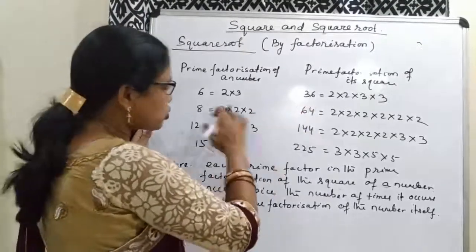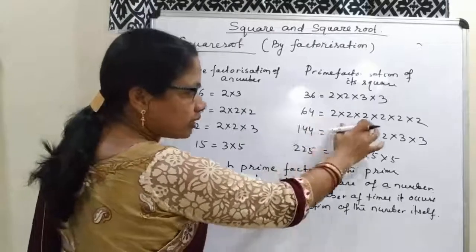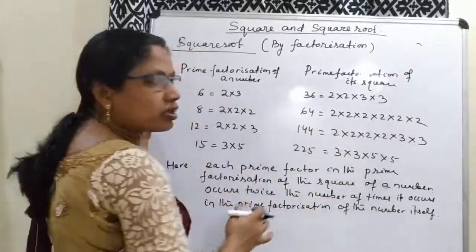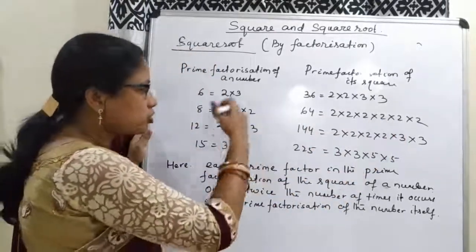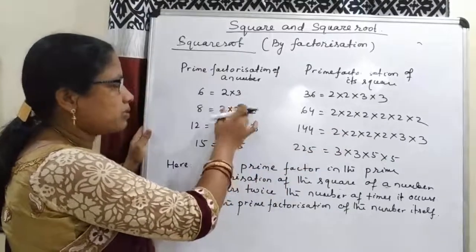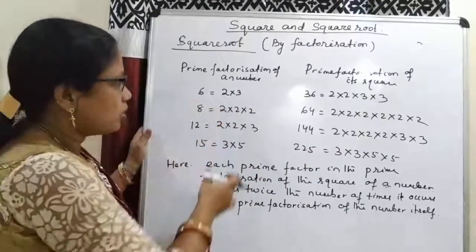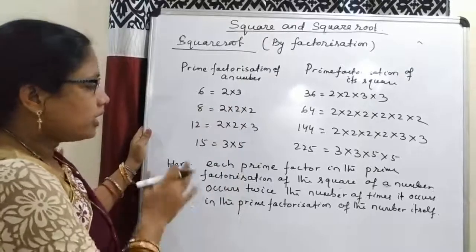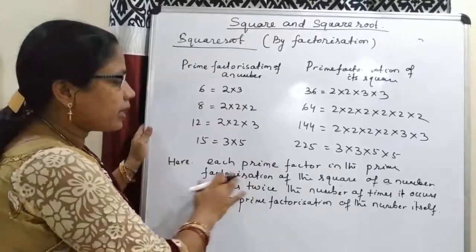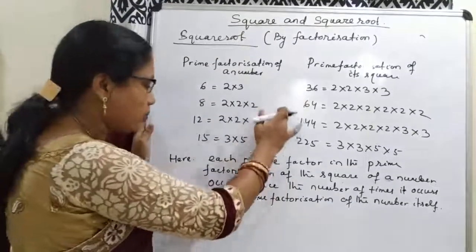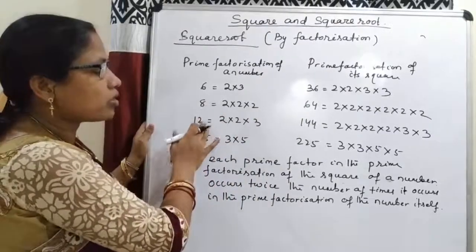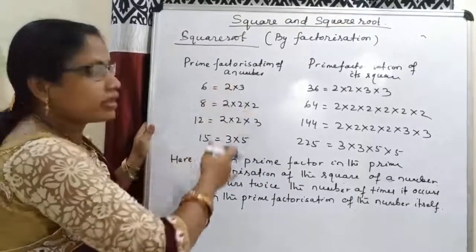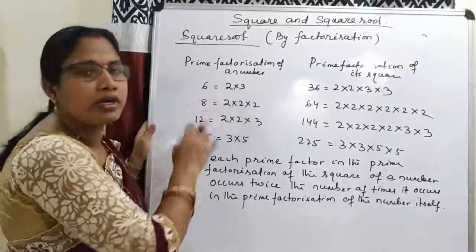In its square 64, the prime factor 2 occurs 6 times, that means twice the number of times it occurs in the number. So each prime factor in the prime factorization of the square of a number occurs twice the number of times it occurs in the prime factorization of the number itself.